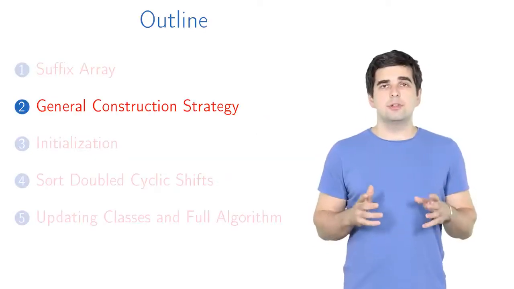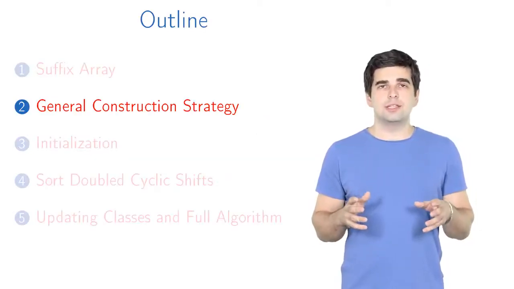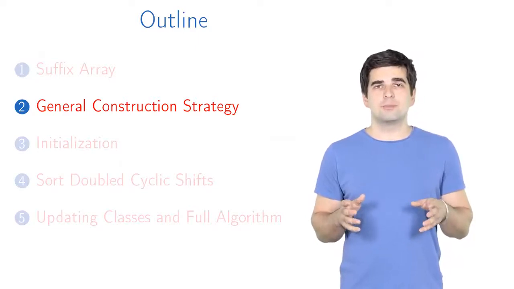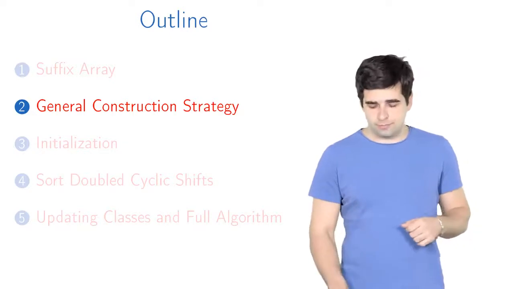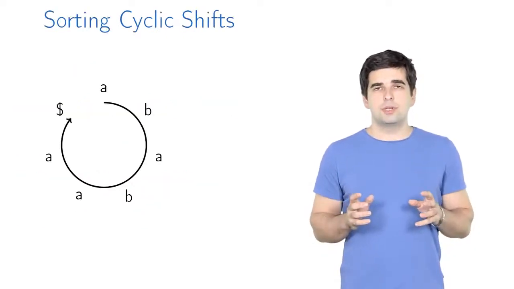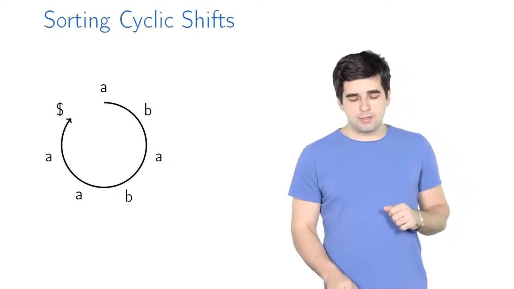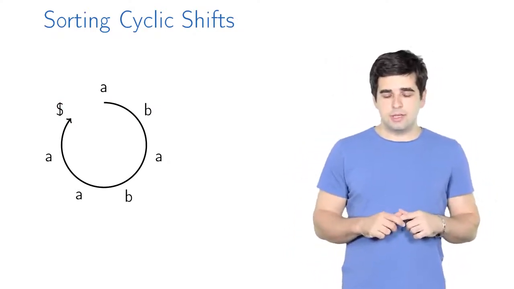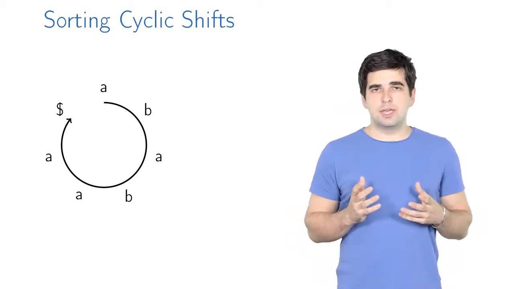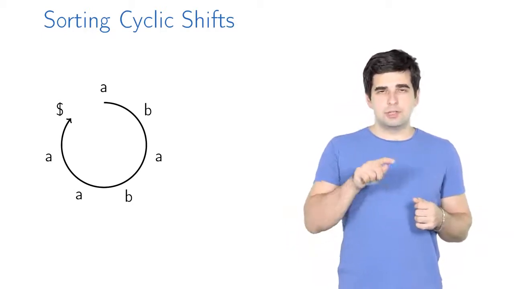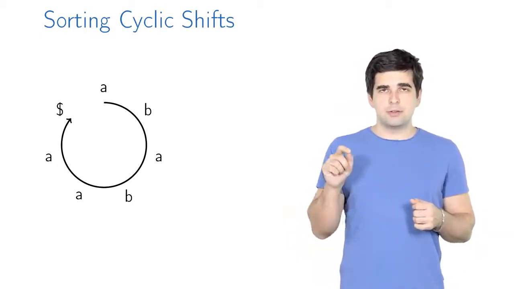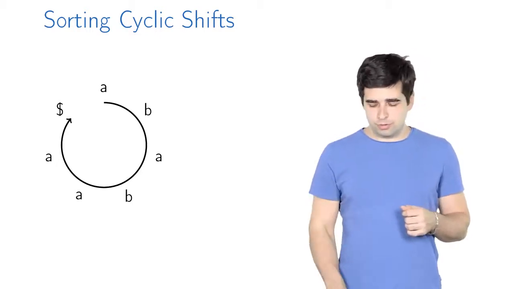In this video, you will learn in general how to efficiently construct a suffix array, what are the steps and the sub-steps, and we will work out the details in the next few videos. First, we need to go from suffixes to cyclic shifts. A cyclic shift of a string is a string we get if we write our initial string around a circle and then start from any position and go through the whole circle.